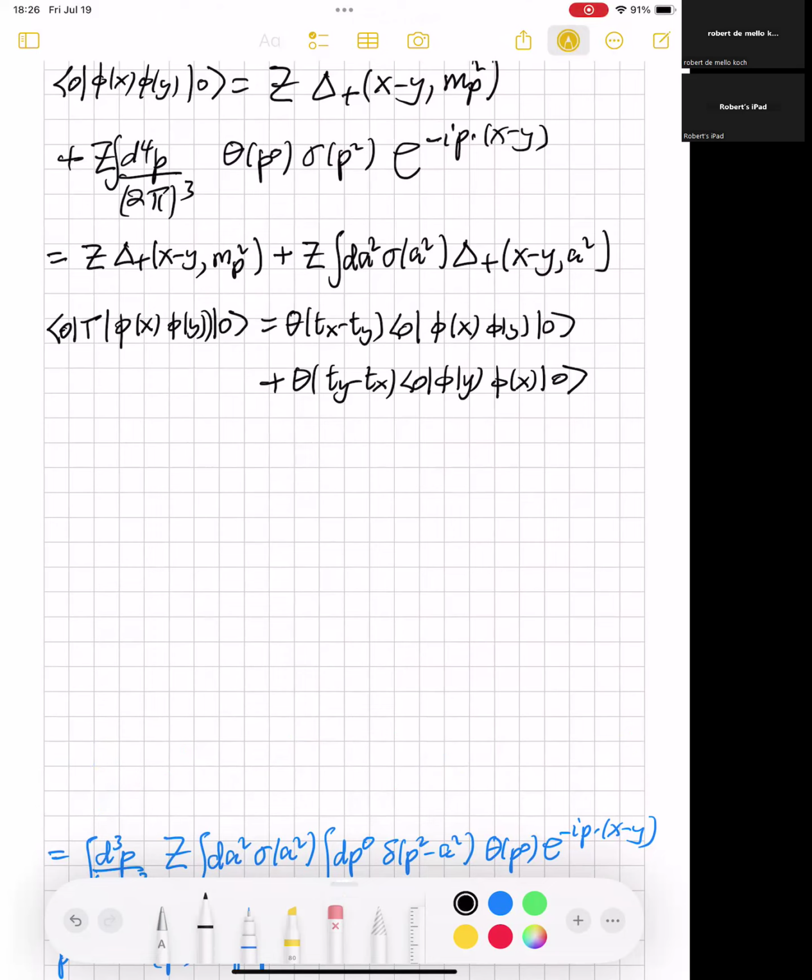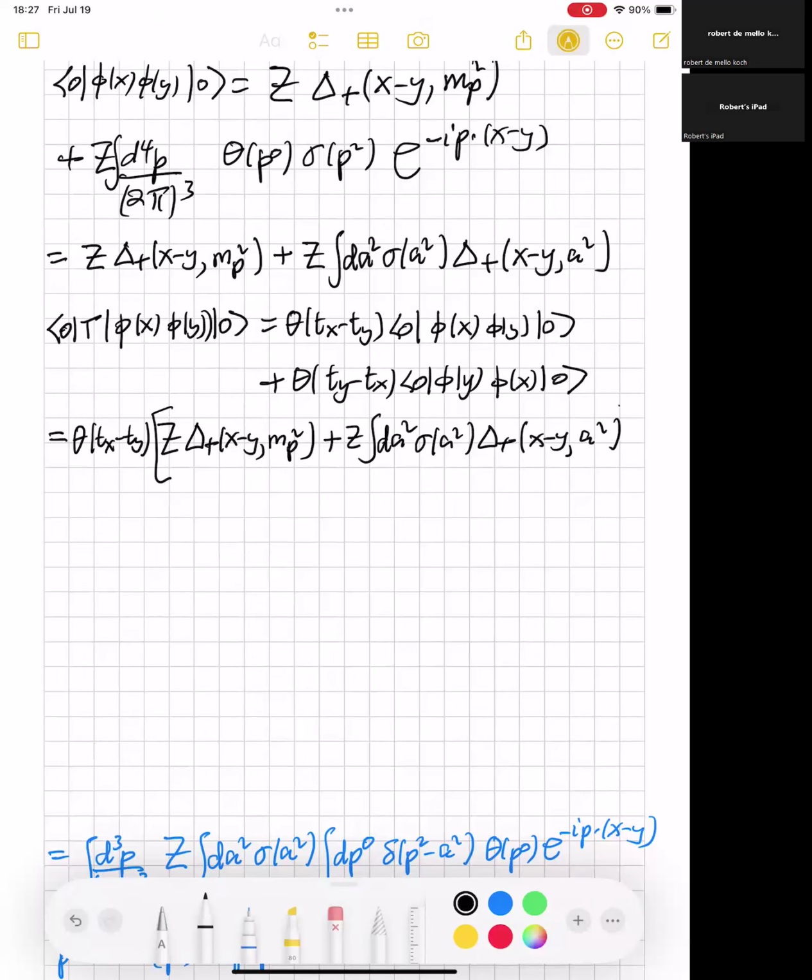Good, that's enough space. So this will be equal to theta of Tx minus Ty. Then we've got Z sitting here, delta plus x minus y, comma, mp squared, plus Z, an integral dA squared, sigma of A squared, and then again delta plus x minus y, comma, A squared.